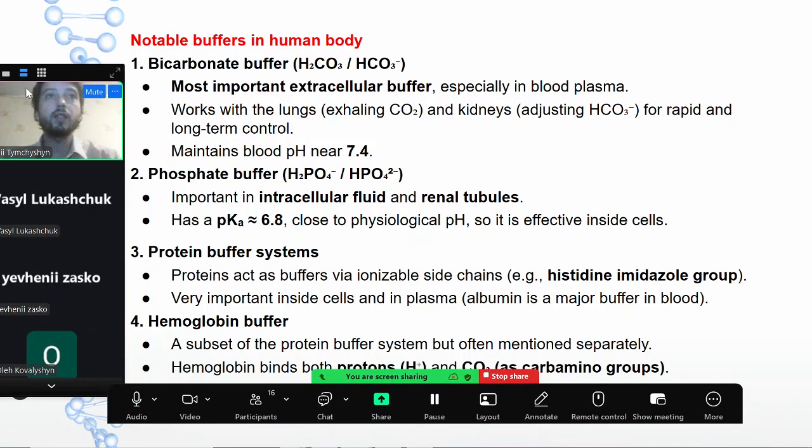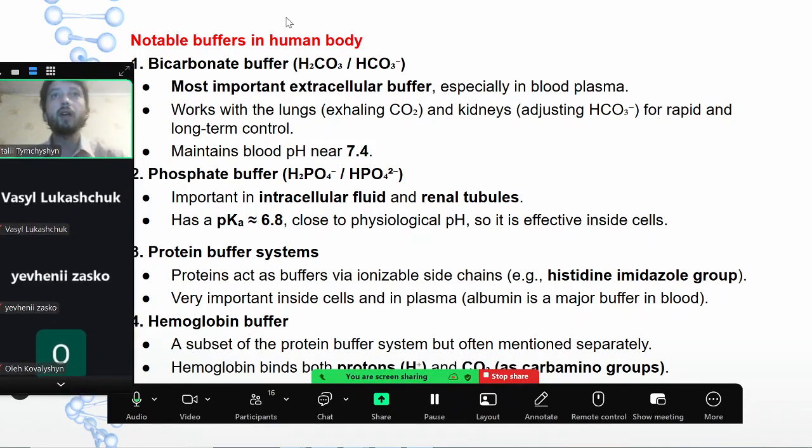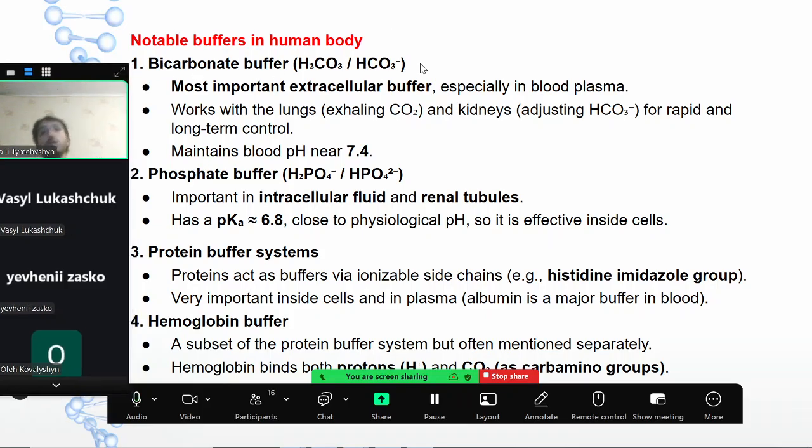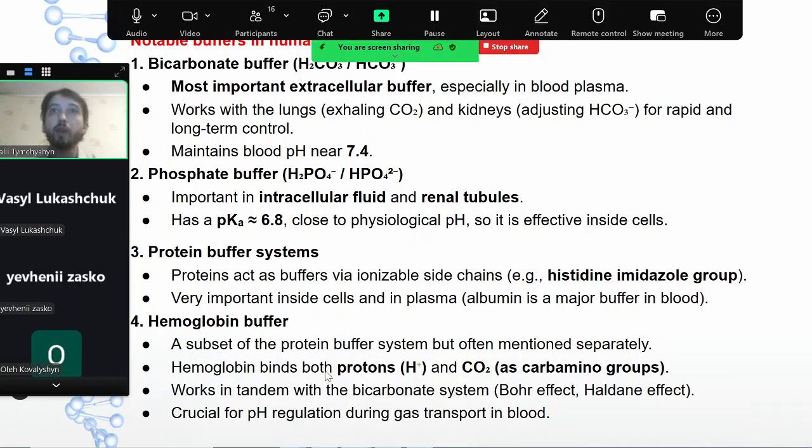Okay, just a small reminder that we have notable different buffers in the human body. The first is of course the bicarbonate buffer. It's the most important extracellular buffer, especially in blood plasma. So I think we'll get to that at the end of this lecture. I really hope that I will be able to show you everything I have.